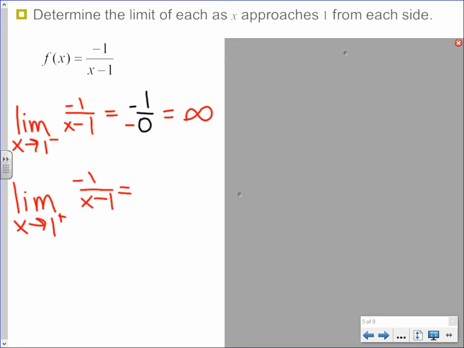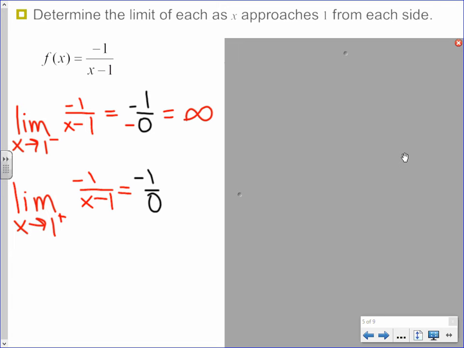Okay, let's think about the asymptote here. From the right side, if we use direct substitution, we get -1 over 0. That's happening because we have a vertical asymptote. So how are we approaching this 0? If we plug numbers in to the right of 1 into our denominator, what kind of numbers will we have?